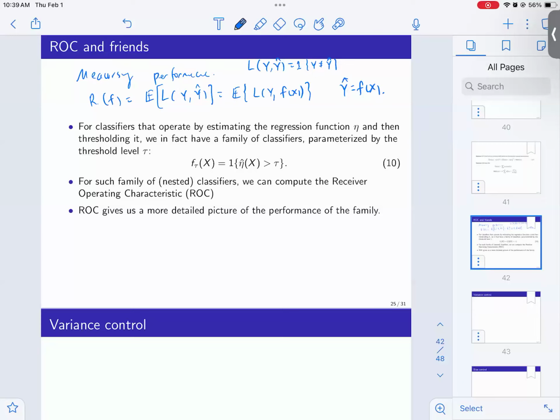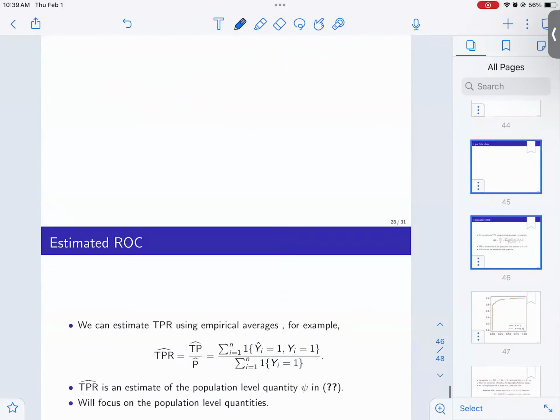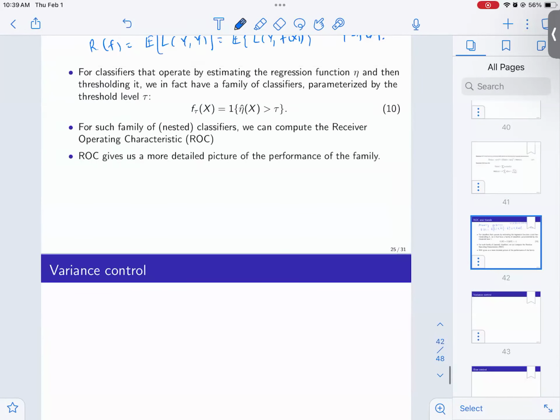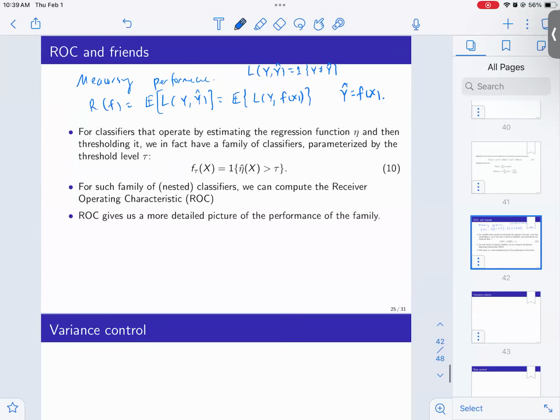And the way it's done is, right, so what you would do is you would calculate these quantities. So instead of the accuracy, you calculate the probability that y hat is equal to 1 given that y is equal to 0, and the probability that y hat is equal to 1 given that y is equal to 1.